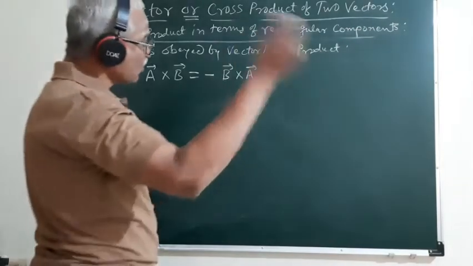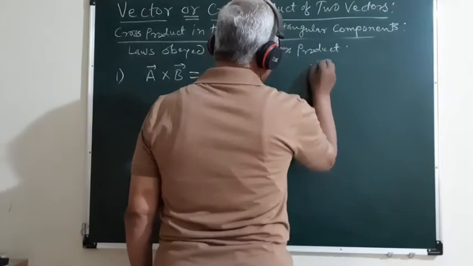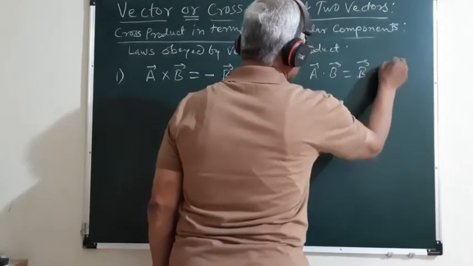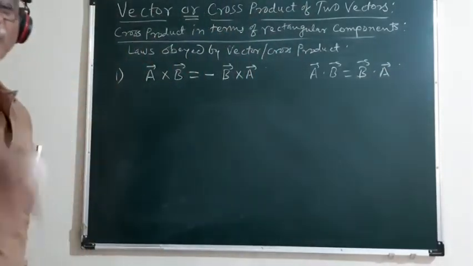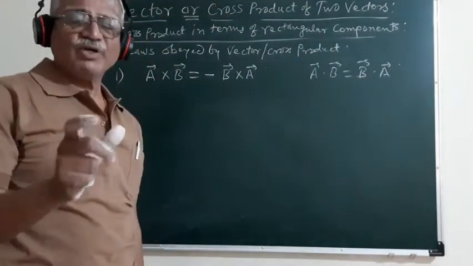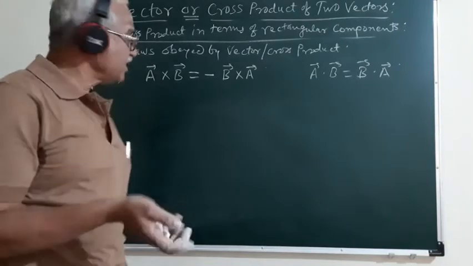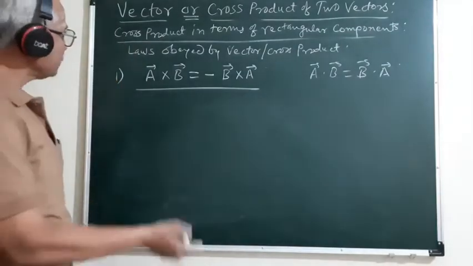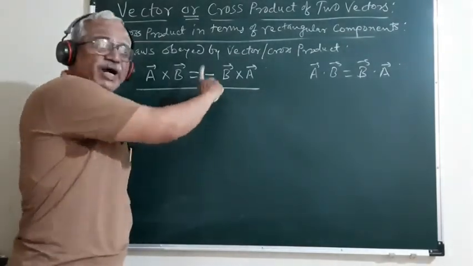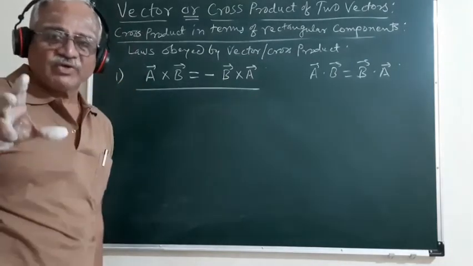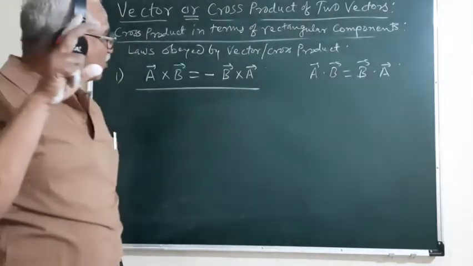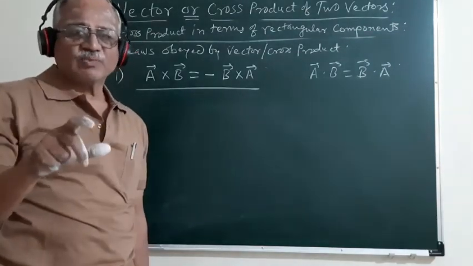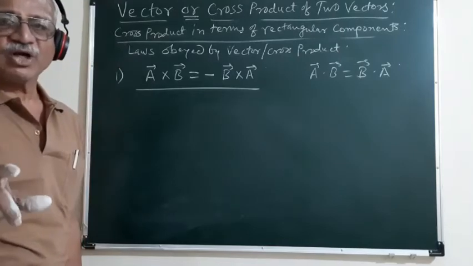In case of the dot product, we have seen that A bar dot B bar is equal to B bar dot A bar, so we say that the dot product of two vectors obeys the commutative law of multiplication. But in case of the cross product, A bar cross B bar is equal to minus of B bar cross A bar. So the commutative law of multiplication is not obeyed in case of the vector product of two vectors.